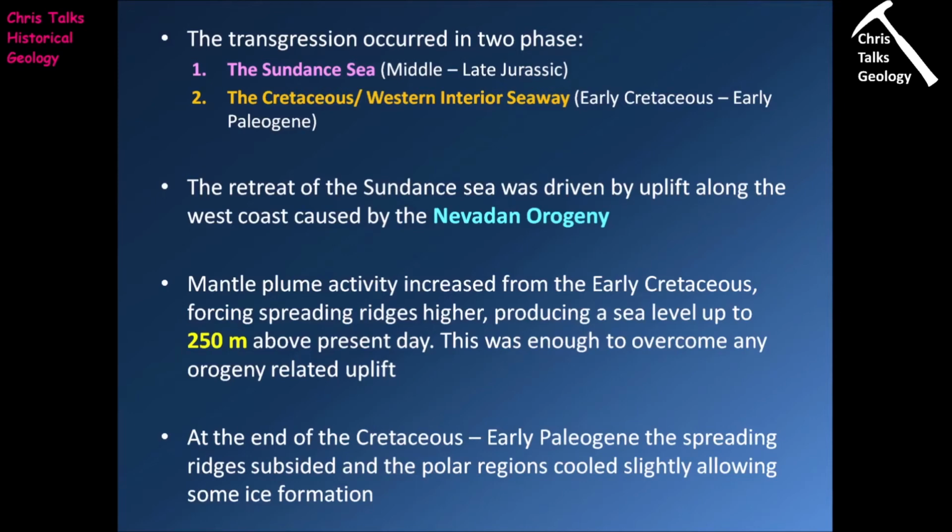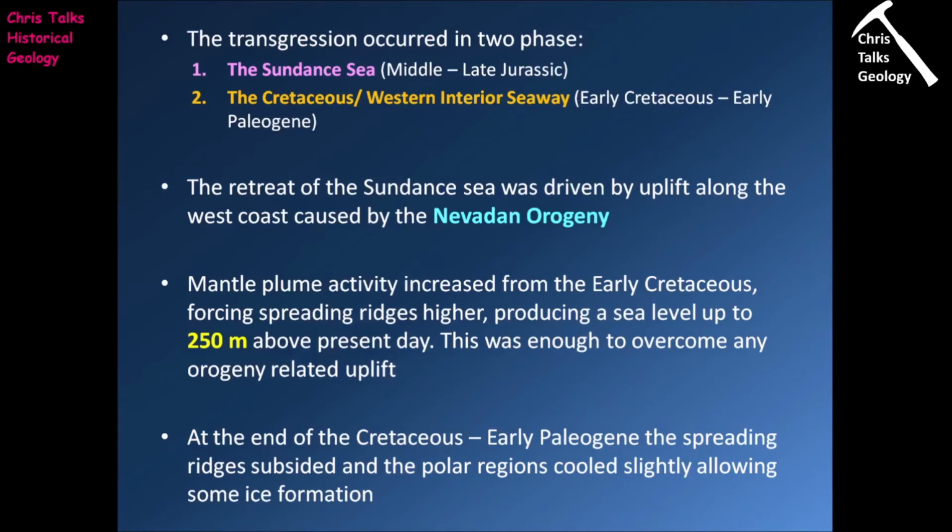The retreat of the Sundance Sea is actually driven by the Nevadian orogeny. And what this does is it starts to push up the western side of North America. And obviously, as it pushes up the terrain, the Sundance Sea, which is sitting on the continental crust, gets pushed back out into the ocean basin.